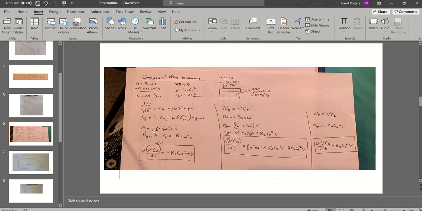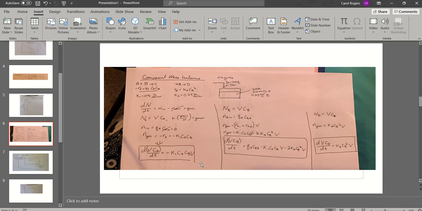N dot in for A is 0 because there's no concentration of A going into the reactor. Our N generated is actually our reaction rate because the amount of A being taken out of the reactor is equal to the A that's converted. So negative RA is negative K1 times CA times CB.